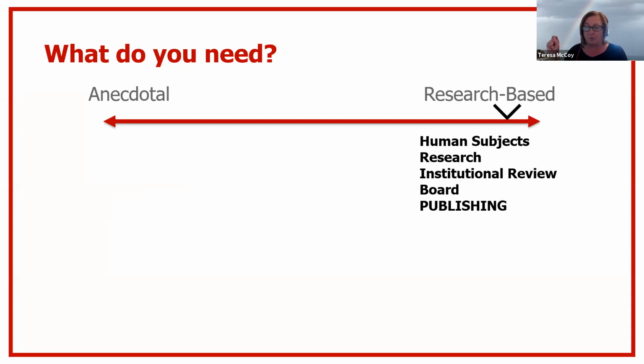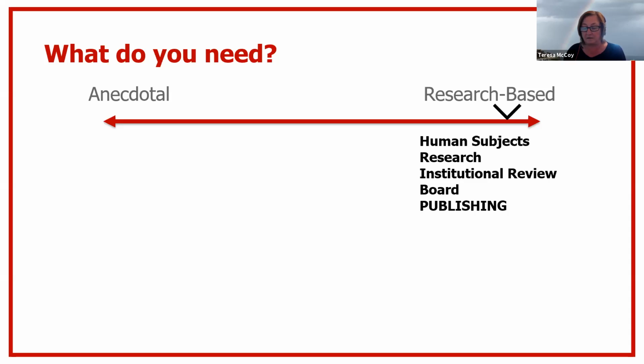One of the things I do want to say, as we move further to that right-hand side of that continuum, that research-based, that's really when here's the big difference. We're getting into human subjects research. And when you're into human subjects research, that means you're going to your IRB folks, the committee, and it has to be reviewed.